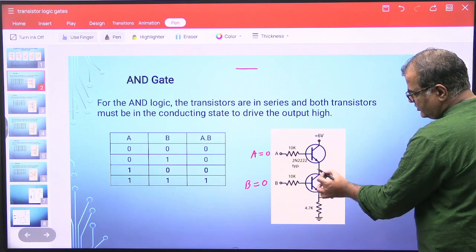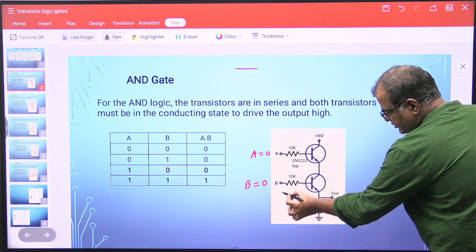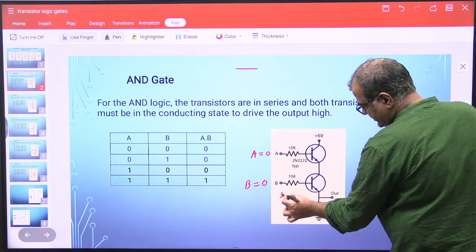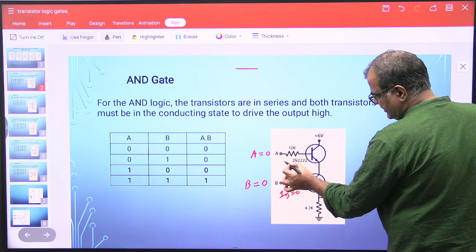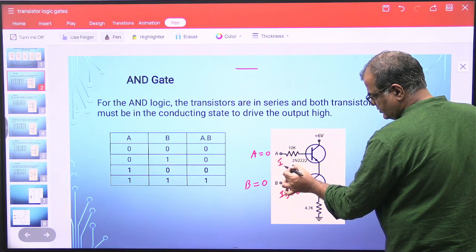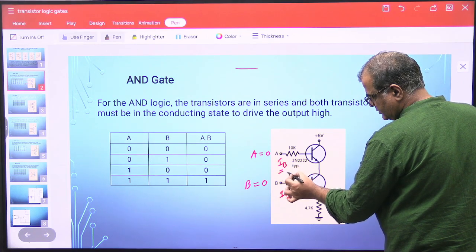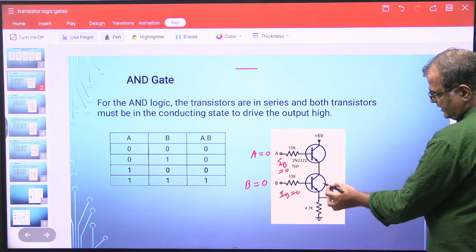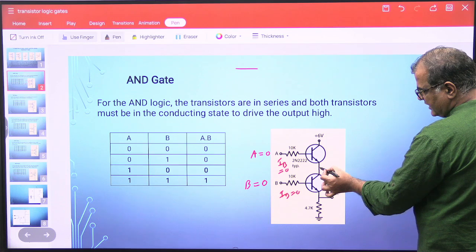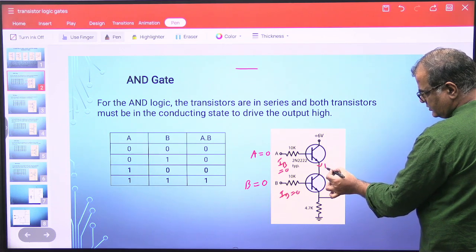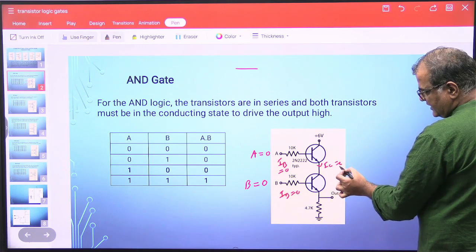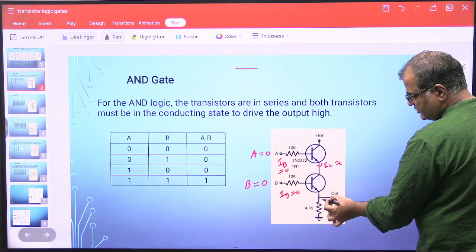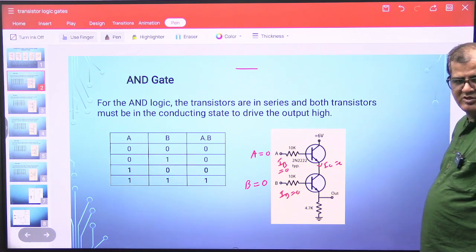This IB is 0, this IC is 0. Automatically this IB 0, this IC 0, and this IC 0, this IB 0, this IE also 0. So here I get 0 voltage.